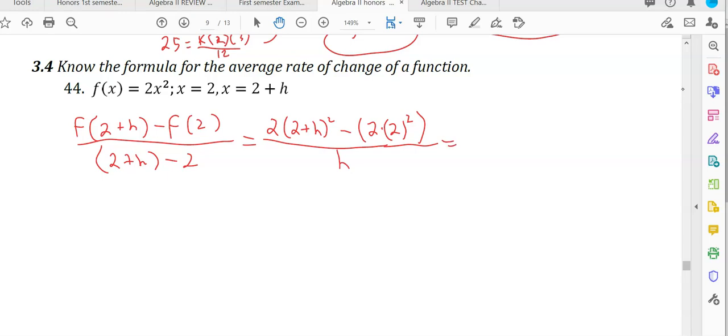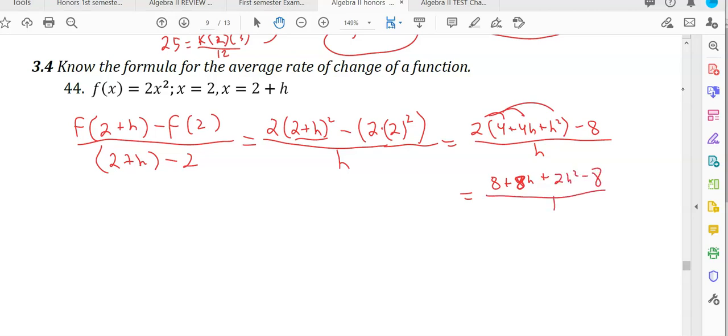Oh, I like that. You got to FOIL this guy, so that's going to be 2 times, if you FOIL that, you get 4 plus 2h plus 2h is plus 4h plus h squared, minus 2 times 4 is 8, all over h. So we get 8 plus 8h, because that distributes, plus 2h squared minus 8.